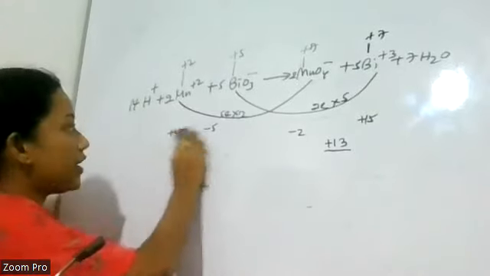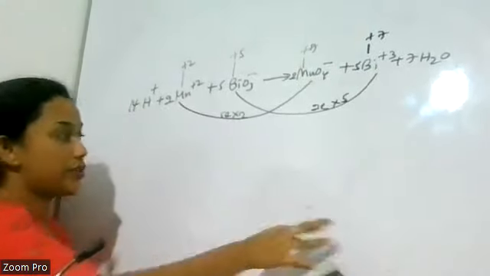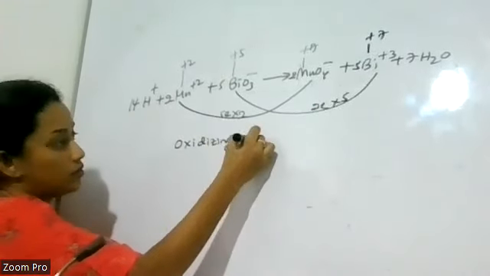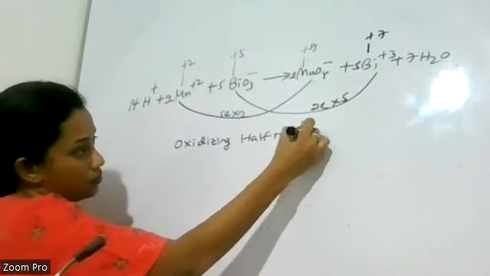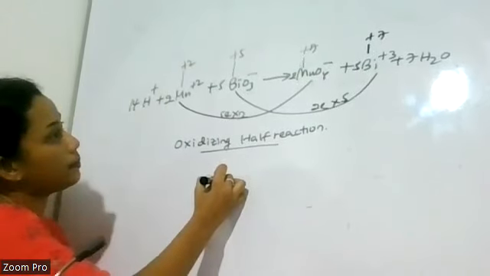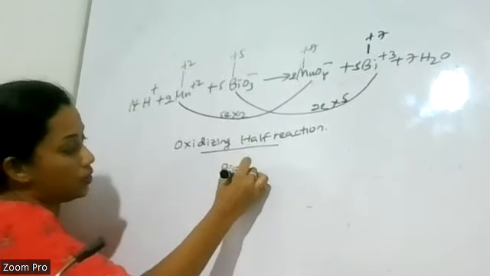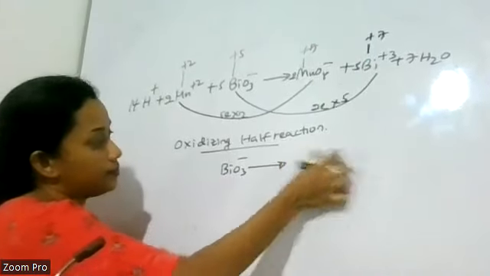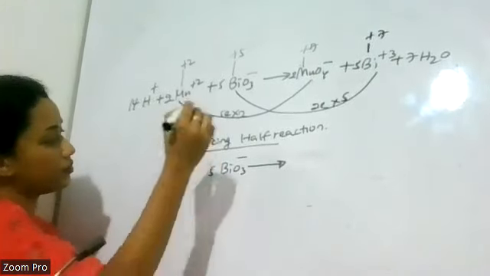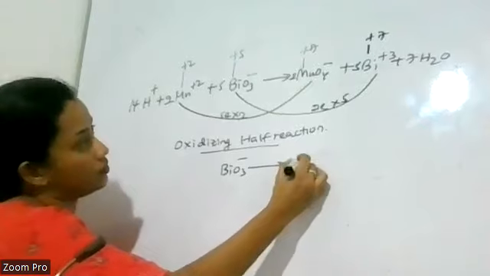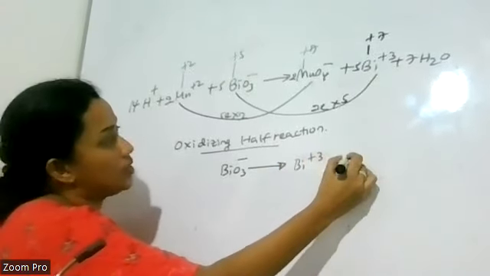How can we identify the oxidizing half reaction and the reducing half reaction? The oxidizing half reaction: BiO3 minus goes to Bi3 plus, plus 2 electrons.